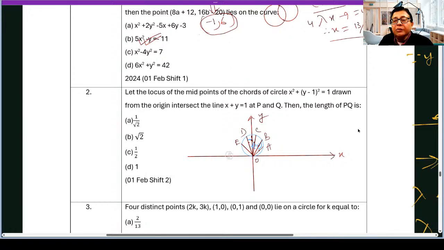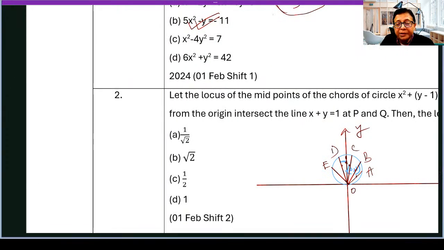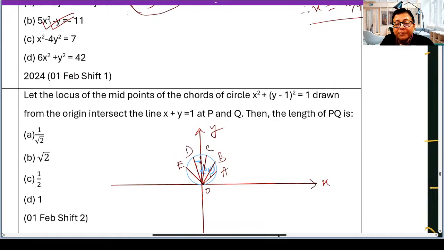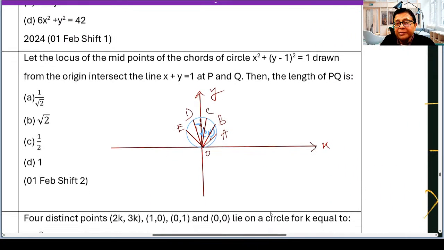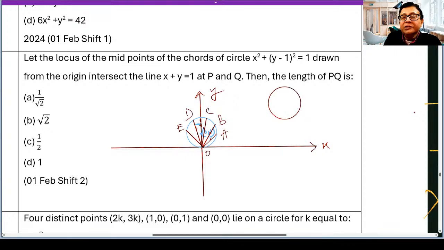You have to find the locus of the midpoint. So you take the chord at an arbitrary position. You understand what I said? Arbitrary position means I am just drawing it here. Origin is here, and this chord OP is any chord I am considering.